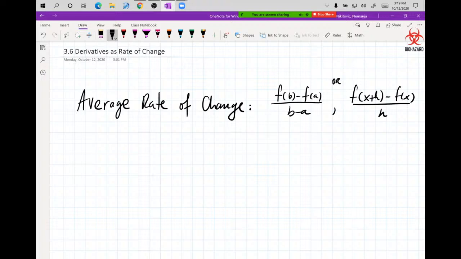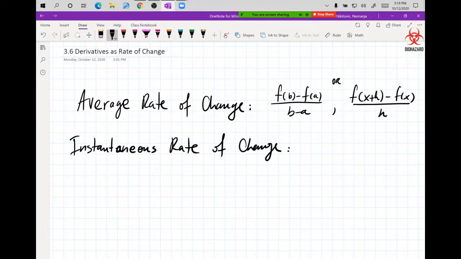And then we have the instantaneous rate of change, which was the derivative, which was f prime of x is equal to the limit as h goes to 0 of f of x plus h minus f of x divided by h.